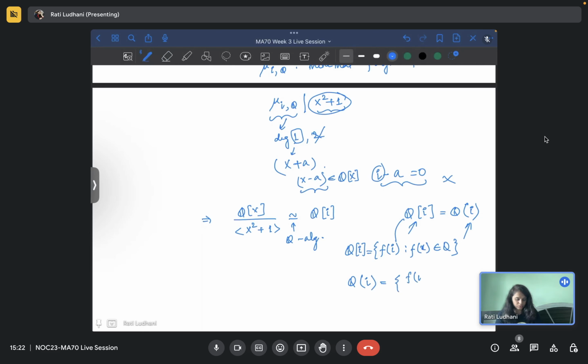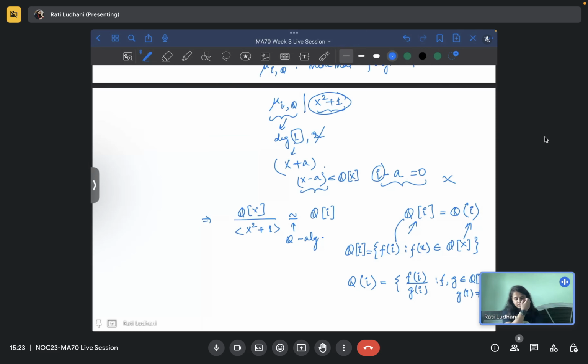means you have all of this kind, f(i) by g(i), where f and g belong to Q[x], and here you will allow f and g in Q[x], both polynomials, where g(i) is not equal to 0, or maybe g(x) is not equal to 0.